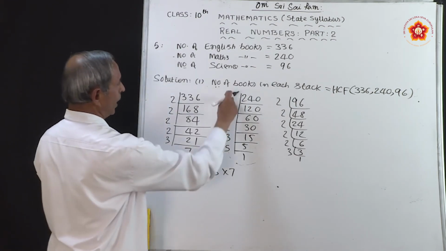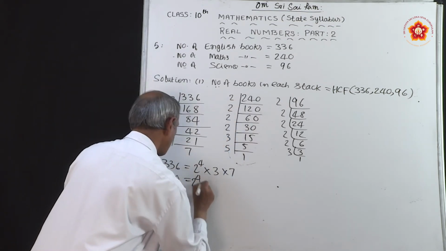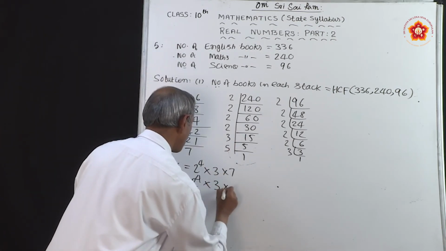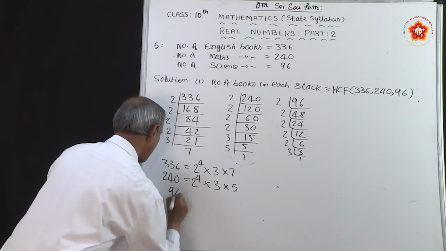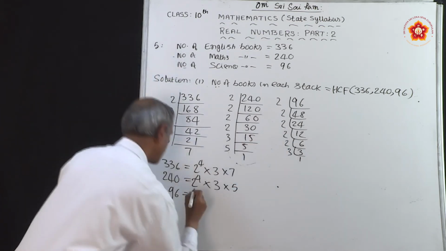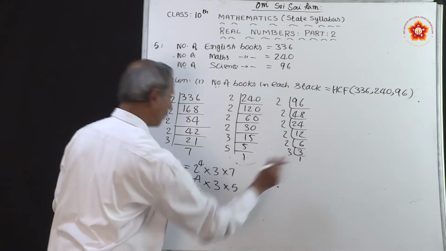That is 2 to the power of 4, 1, 2, 3, 4 times, and 3 is only one time, 3 into 5. Similarly, the factors of 96 are 2 raised to the power of 5, 1, 2, 3, 4, 5 times, and 3 only one time.